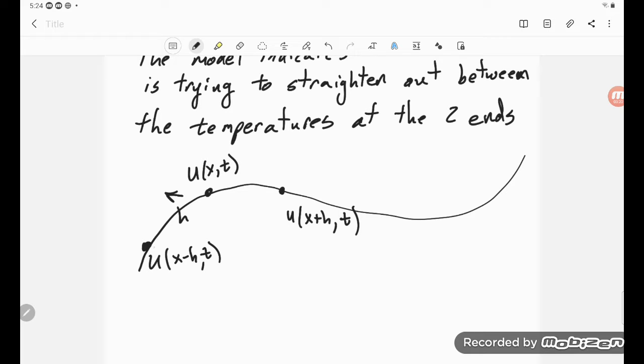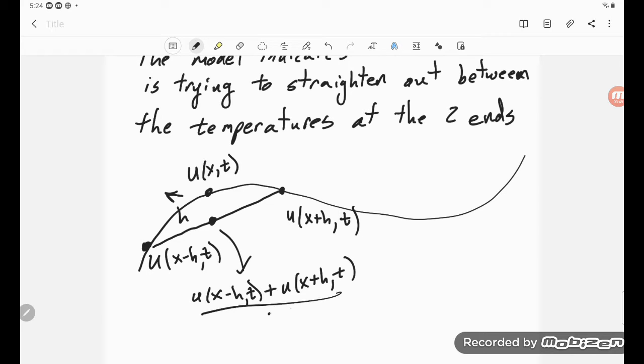And if we look at the average of these two, their average will be at x, and it will be that point on this straight line. So this is u of x minus h, t, plus u of x plus h and t, divided by 2.